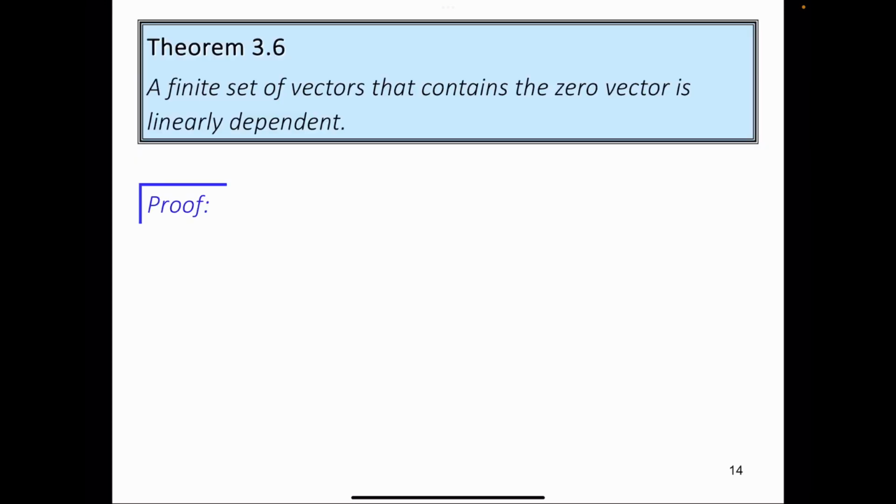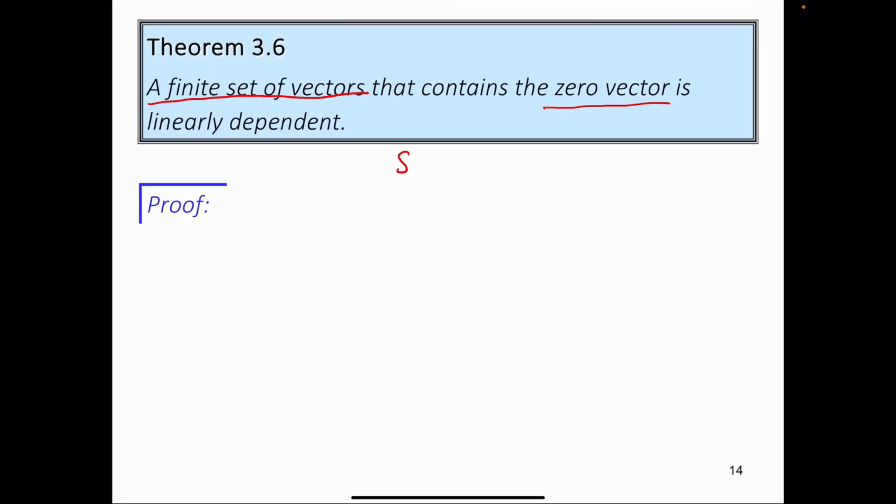Okay, we move to the second theorem. This theorem says that whenever we have a set of finitely many vectors, and one of the vectors in the set is the zero vector, then the set is linearly dependent.